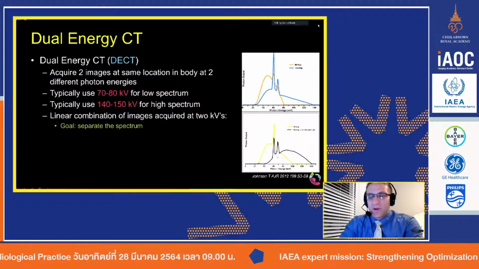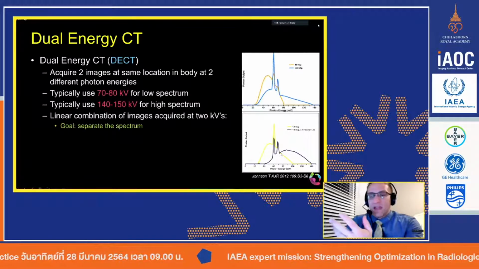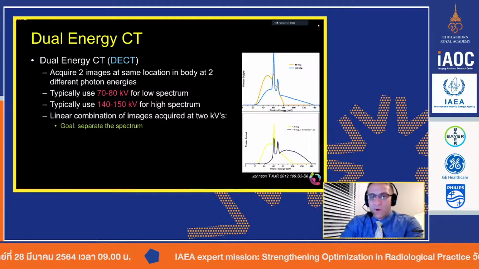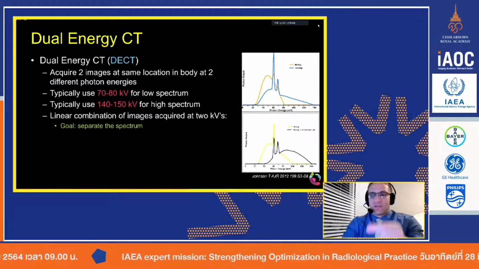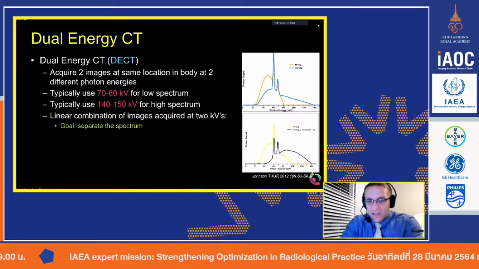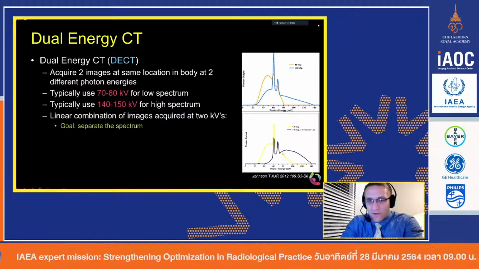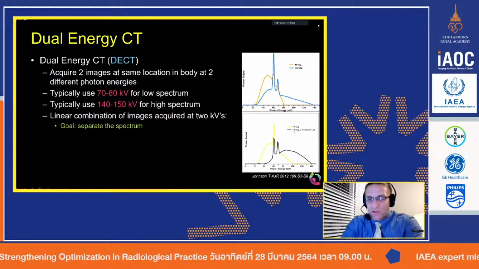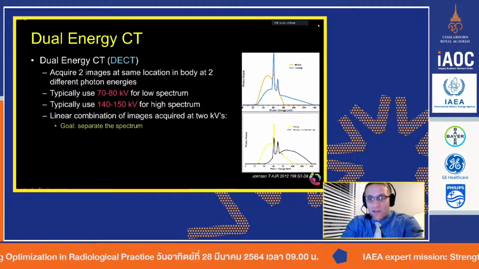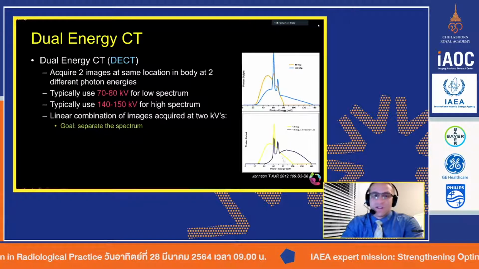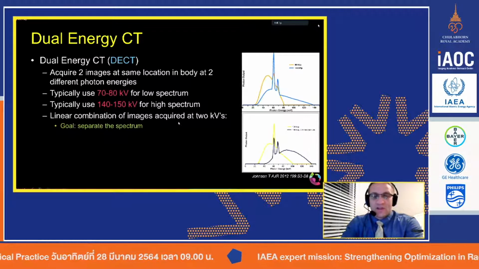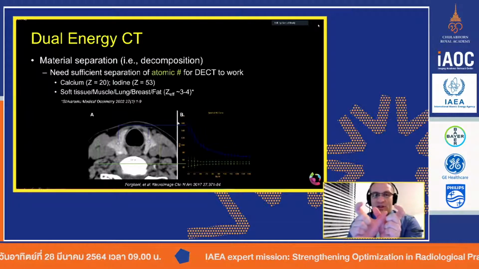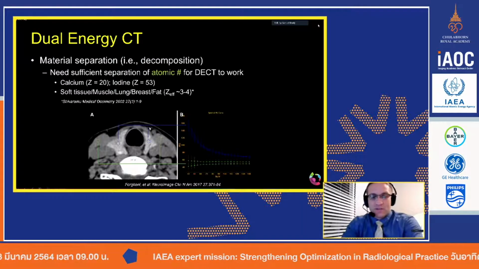In the areas where they overlap, the system cannot distinguish one photon from the next. So if you get this energy, let's say 80 kV, you can see there are a fair amount of photons at the higher energies, but the system has no way to distinguish the difference between the two of them. So what we want to do is separate those two curves as much as possible.